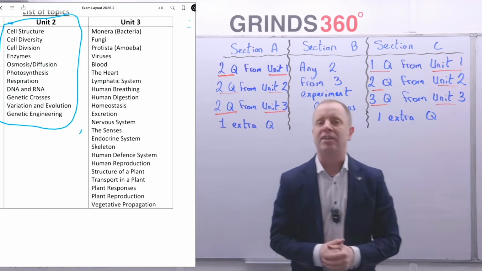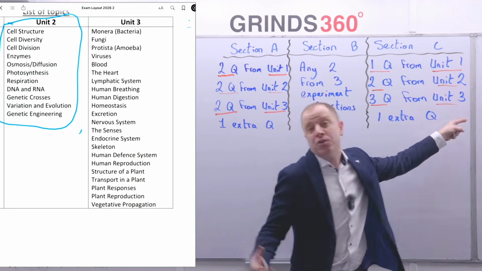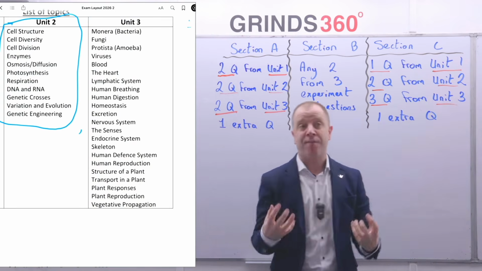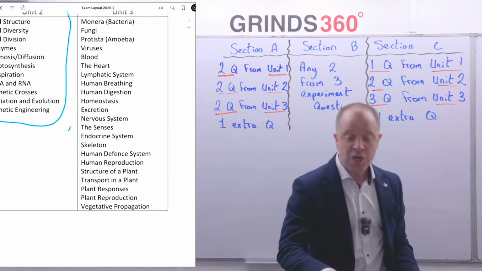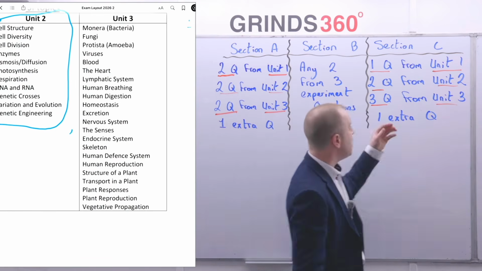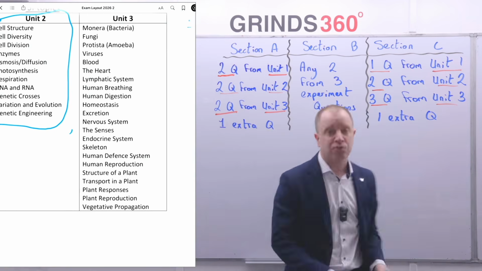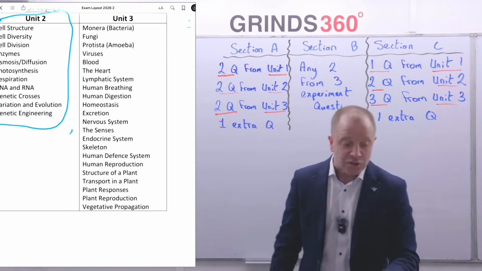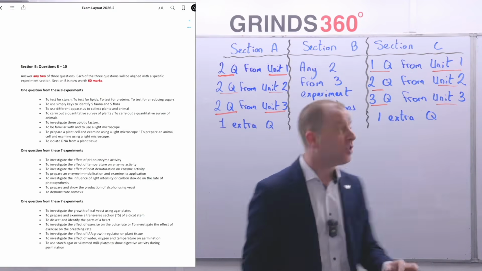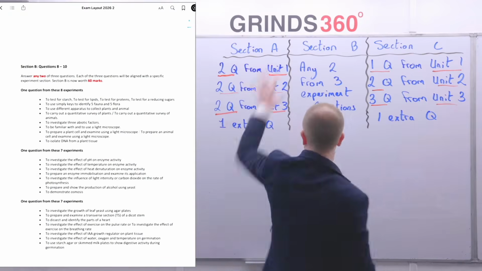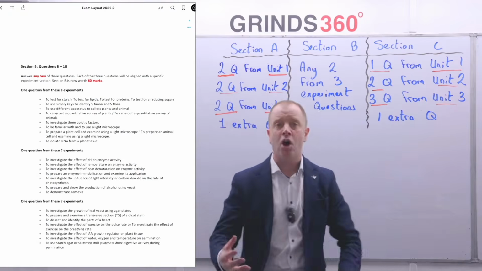Where will that extra long question be? Well, it's usually from Unit 3, because Unit 3 is by far the biggest unit, as you can see from the screen there on the notes. But it could be from a mixture of the units as well. So that's an extra long question. That is in terms of Section A and short questions, and Section C, long questions.